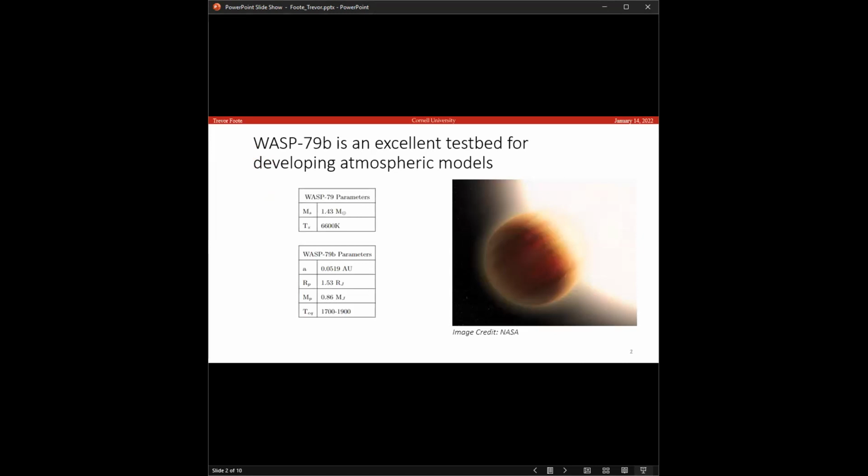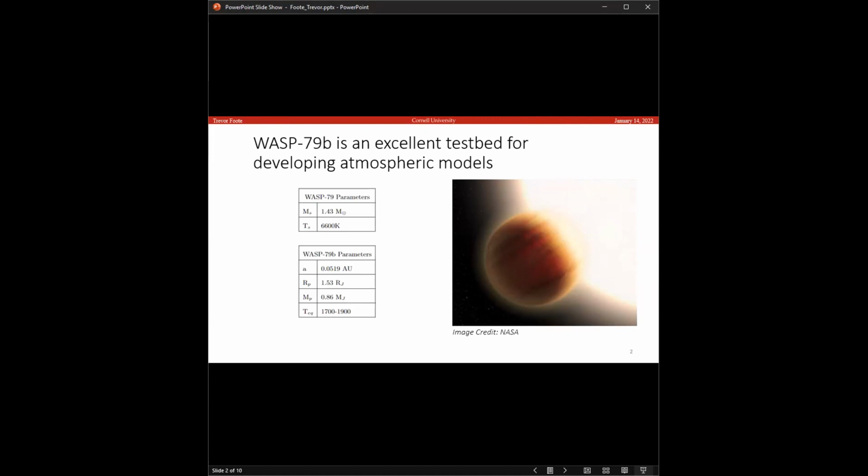So first off, why should we care about WASP-79b? Well, its physical properties happen to place it in a particularly unique transition region of size and temperature phase space that makes it an interesting test bed to study things like cloud formation in the atmospheric regions that we can probe with transmission spectroscopy, as mentioned previously today in Peter's talk, as well as dayside atmospheric thermal inversions that are probed via eclipse observations.